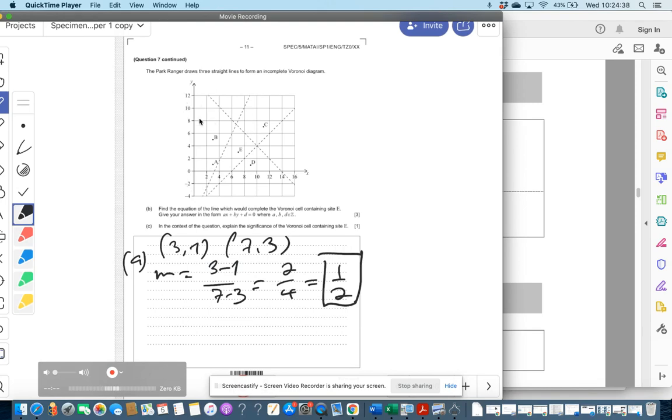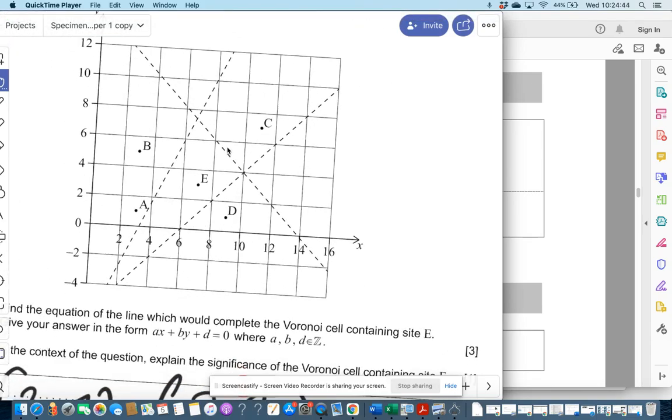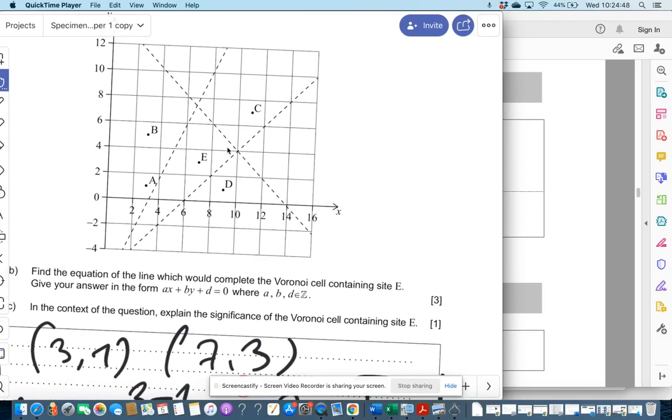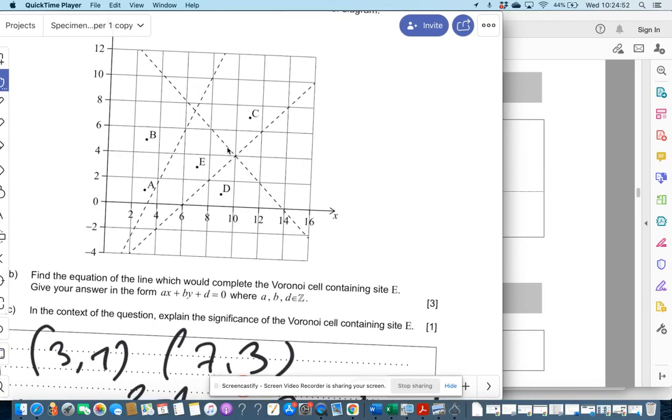Okay, so here they've started the Voronoi diagram, basically constructed by using perpendicular bisectors. We have to complete cell E. So we should see that they have these lines starting to close in a polygon on site E, and we're missing something over here.